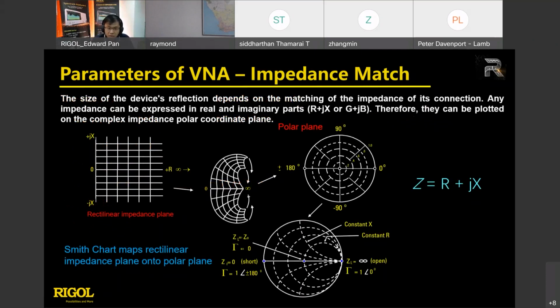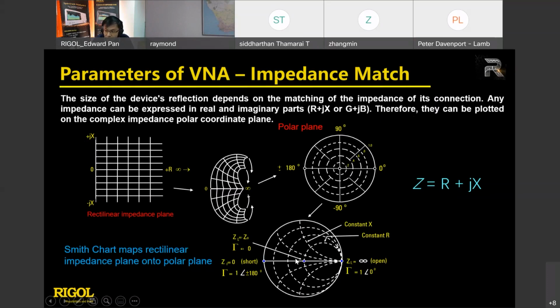For impedance matching, you can see the basic tool, that is the Smith chart. The Smith chart is a rectangular coordinate system twisted into a circular coordinate system, so it becomes a Smith chart. You can see the center point, that means a perfect match status here.